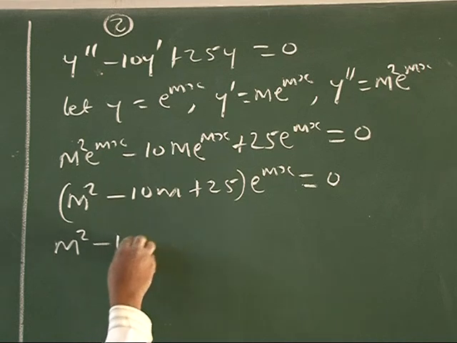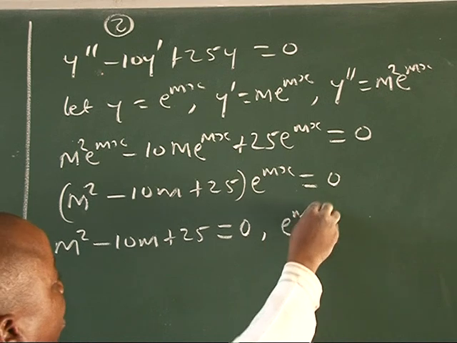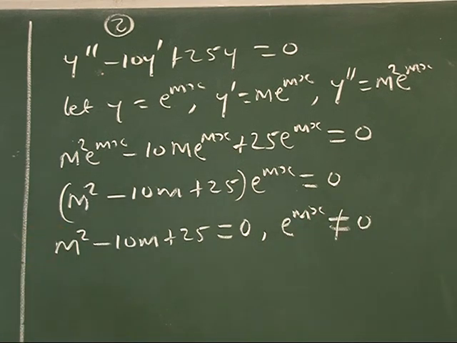So m squared minus 10m plus 25 is equal to 0, but exponential mx is not equal to 0.